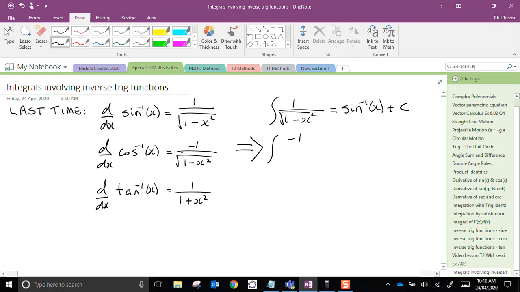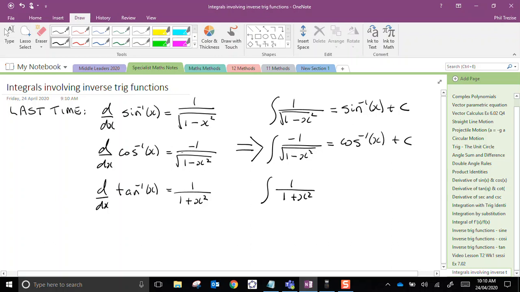The next one, the integral of negative 1 over the square root of 1 minus x squared, would be the inverse cosine of x plus our constant, and the integral of 1 over 1 plus x squared.